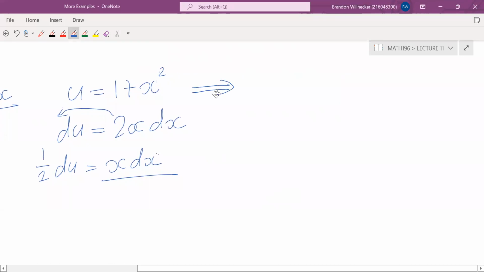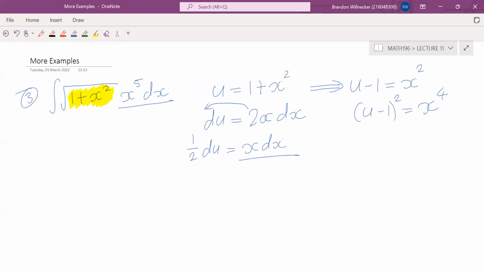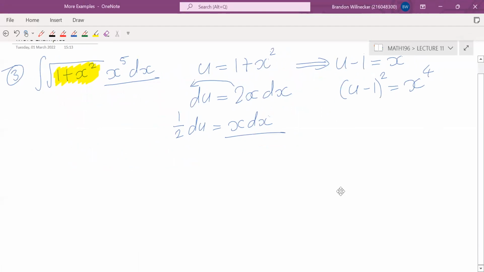u is equal to 1 plus x squared. So that means u minus 1 is equal to x squared. This also means that u minus 1 squared is equal to x to the 4, which is what we need. So let's multiply both sides of our differential equation here by x to the 4.